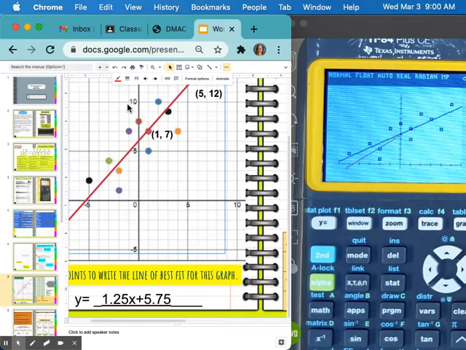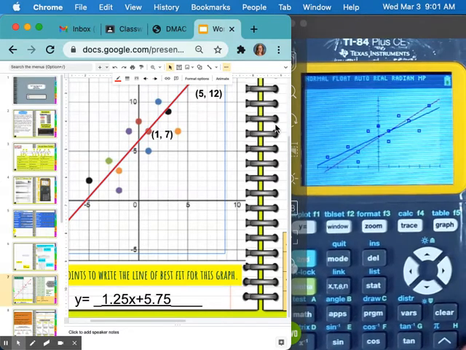Let's look at it. So how do they compare? They intersect. Which one has a higher slope? The red one, the one that we made. Yeah, so the actual slope is not as steep.